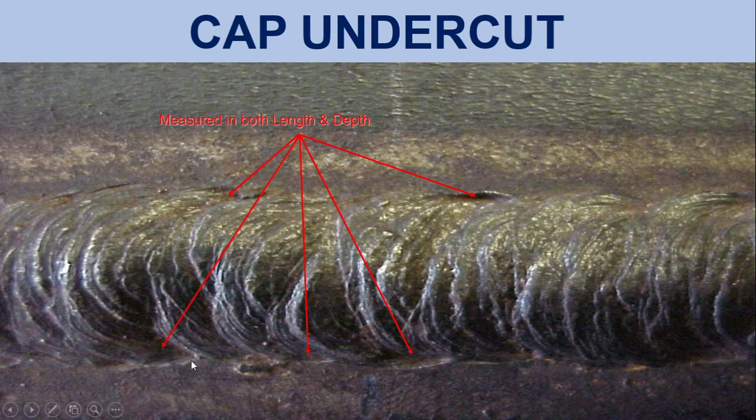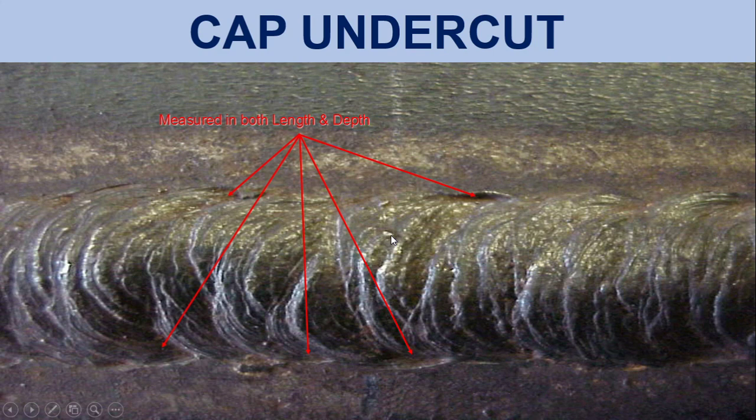Either way, this is undercut, and this is undercut. This is the parent metal line, but because of the excessive current the parent metal has been melted, so the undercut has appeared here.